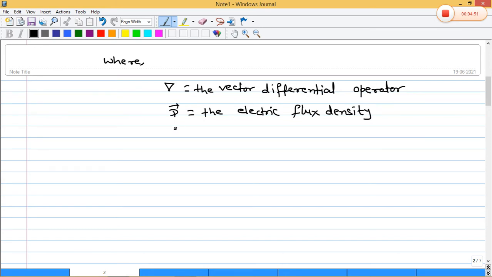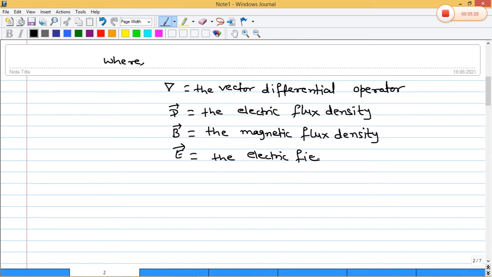Write down everything. What is B? The magnetic flux density. What is E? The electric field intensity. These are the intensities, E and H. What is H? The magnetic field intensity.